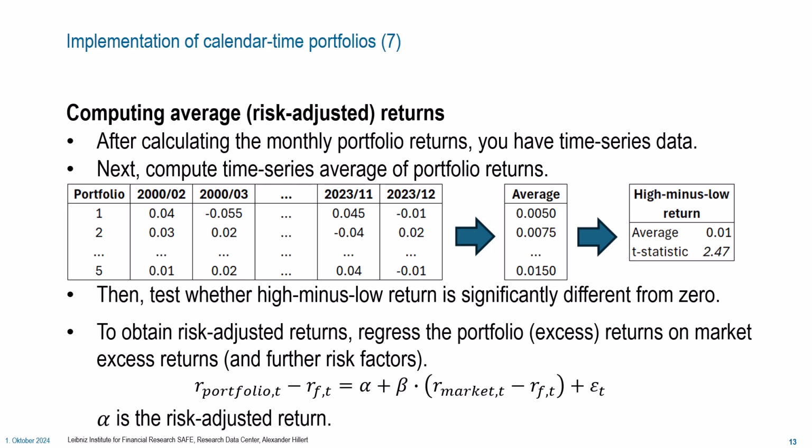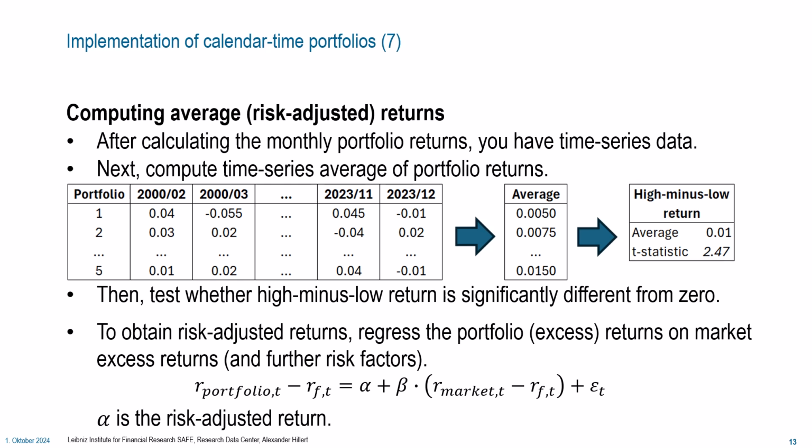More precisely, we have a higher return of 1% per month: 50 basis points versus 150 basis points, meaning that an investment strategy that buys the high portfolio, quintile portfolio 5, and sells the low portfolio, quintile portfolio 1, earns in the typical month, in the average month, a return of 1%.